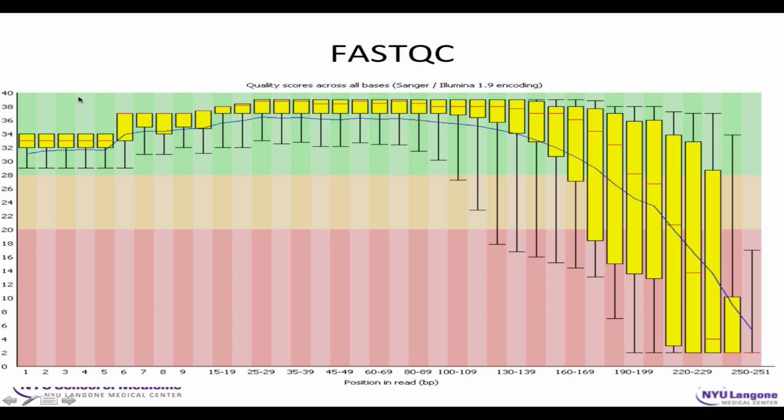In the case of this one, they improve up to a certain length and then they start getting much worse, so you might ascertain that something went wrong with the sequencing after about 150 or 160 bases in.